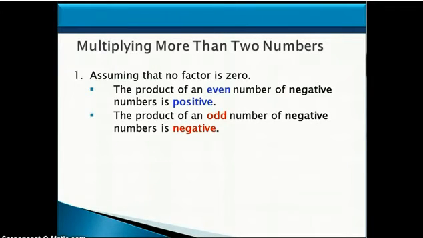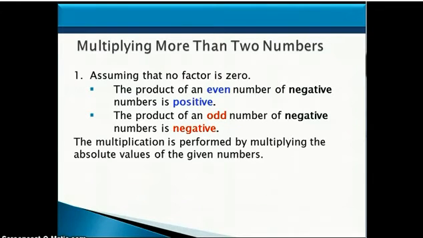On the other hand, the product of an odd number of negative numbers will end up being negative. Because if you have an odd number of negative numbers, you can make pairs of negatives, and those will all be positives, but you'll always have one left over. So you end up with a positive when you multiply all the pairs together, and then when you multiply by that last negative that's left over, you end up with a negative product.